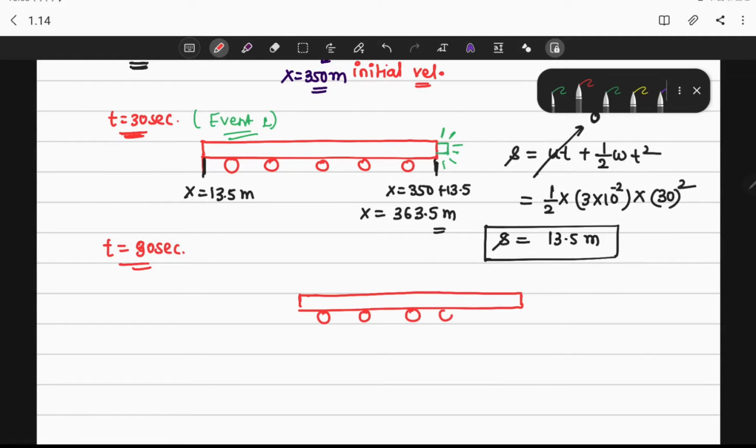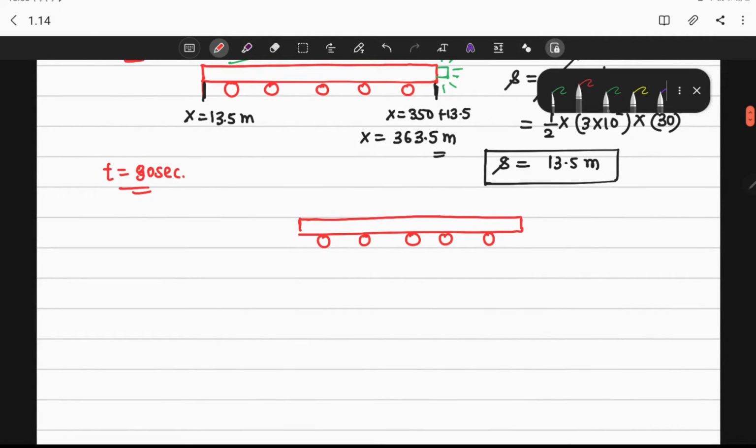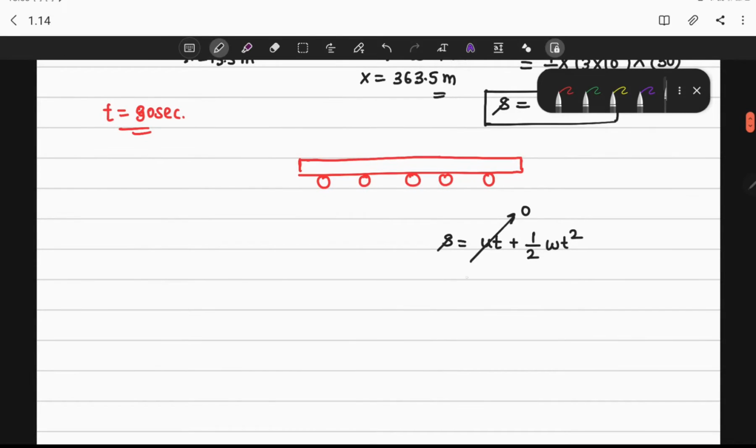If we want to find the distance by which the train has moved, we can find it as s equal to ut plus half w t square. The initial velocity is 0, so we can write half into 3 into 10 to the power minus 2 into 90 whole square. If we solve this we get 121.5 meter.